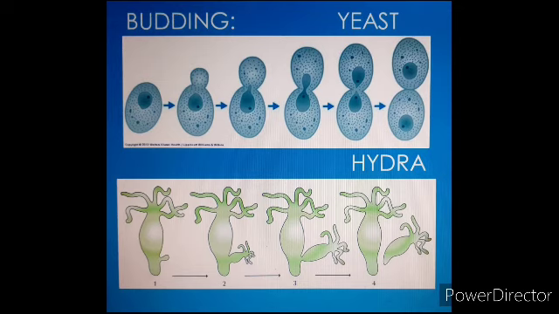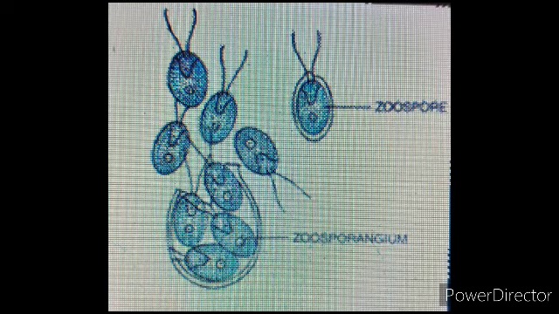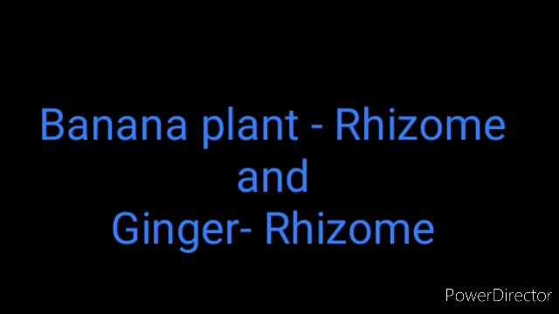The answer is budding. Hydra, budding. Second example, Chlamydomonas. Which type of reproduction is present? Zoospores. Okay. Next, in Penicillium, conidium. Banana plant. Which type of reproduction? Rhizome. That is the name of the asexual reproduction: rhizome.